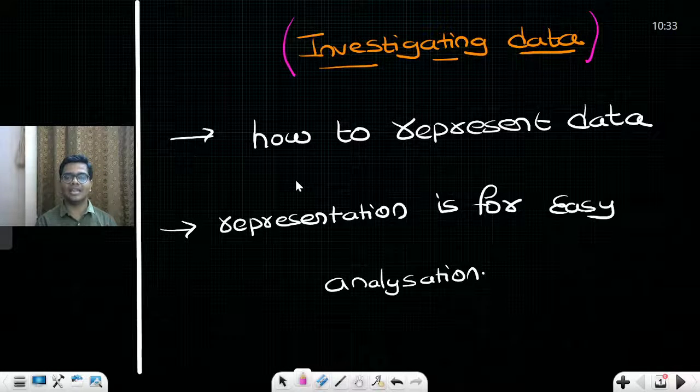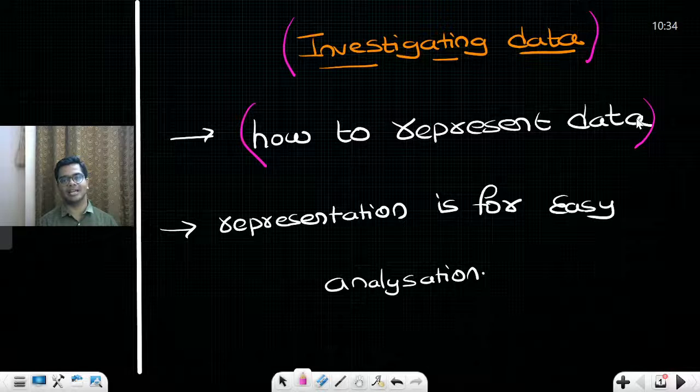So mainly in the investigating data chapter, we are going to learn how to represent data which we collected from many incidents. For example, in a country, how many people got vaccinated, how will you collect this data? You will divide into age groups. Below 18 is one age group, 18 to 45 is another, above 45 to 60 is one age group, and 60 above is another age group.